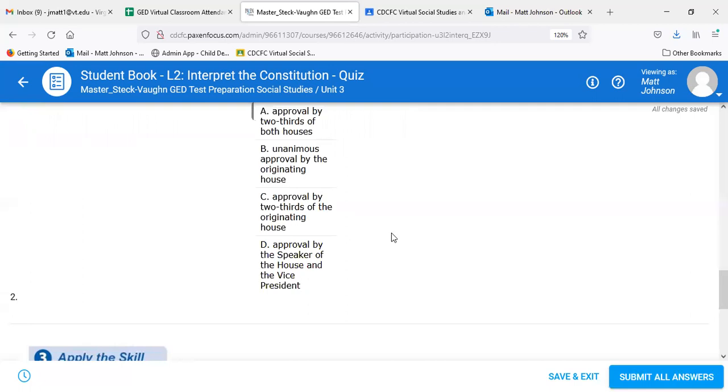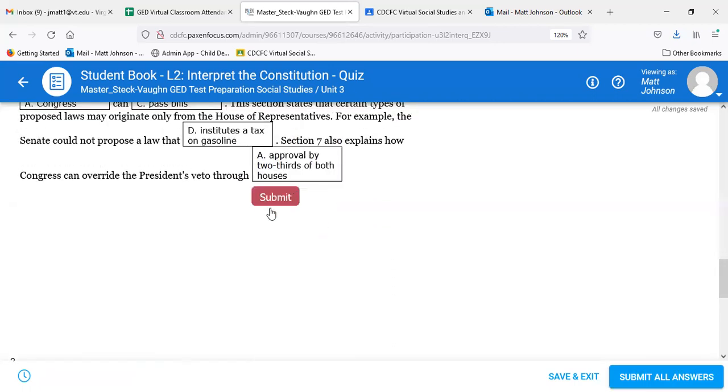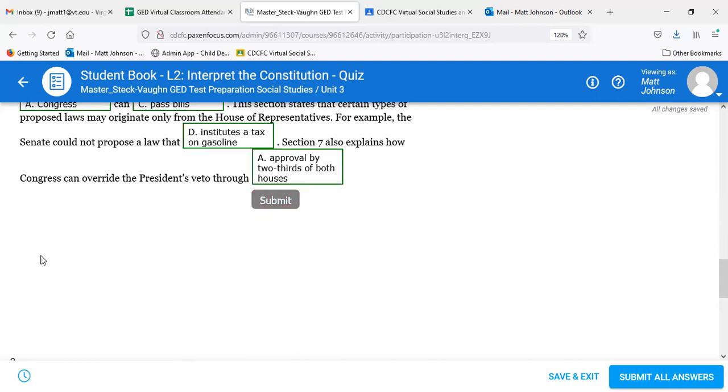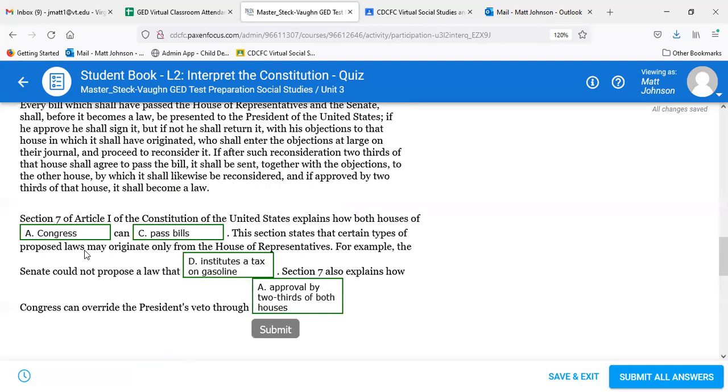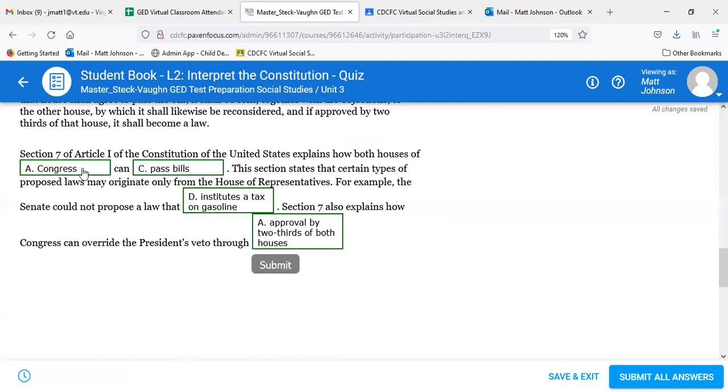It's A, right? 2/3 vote. 2/3 vote for both houses can override that. Okay. All right, so it's Congress.